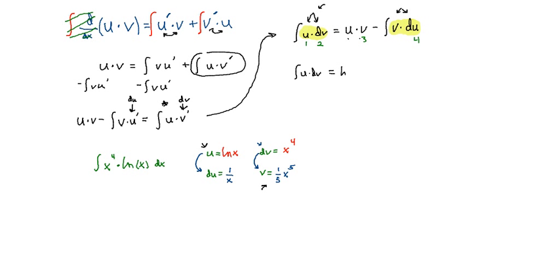Natural log of x times 1/5 x to the 5th minus the integral of v du. So I'm going to take v, which is 1/5 x to the 5th, times du, which was 1/x.